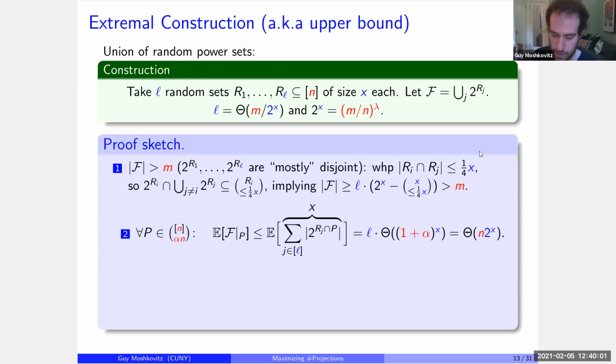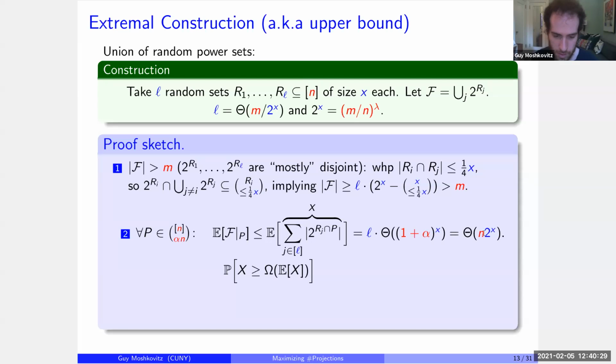Why are these algebraic manipulations actually interesting? Well, as I said, X is the sum of independent random variables. 2 to the x is the maximum that each of these random variables can get, right? So what we got here is that the expectation is roughly n times the maximum of each random variable.